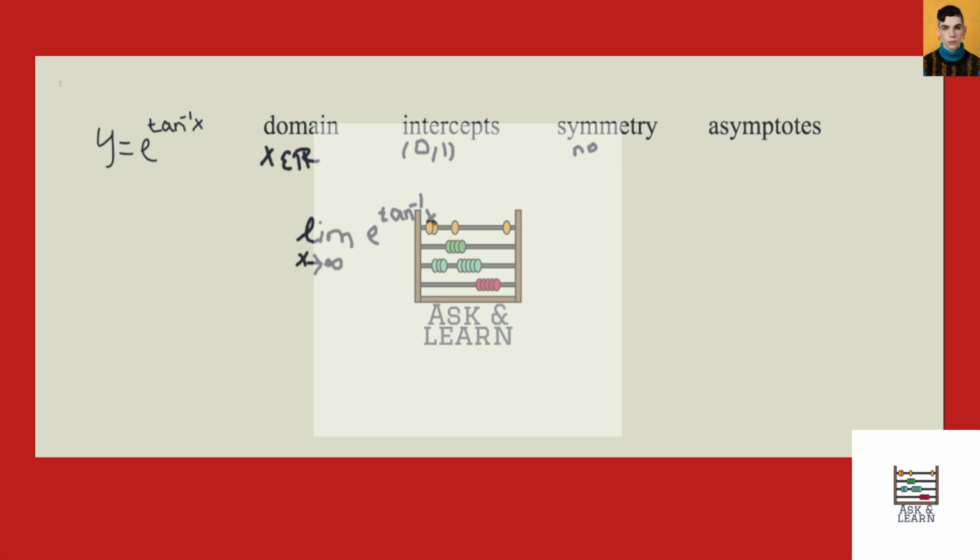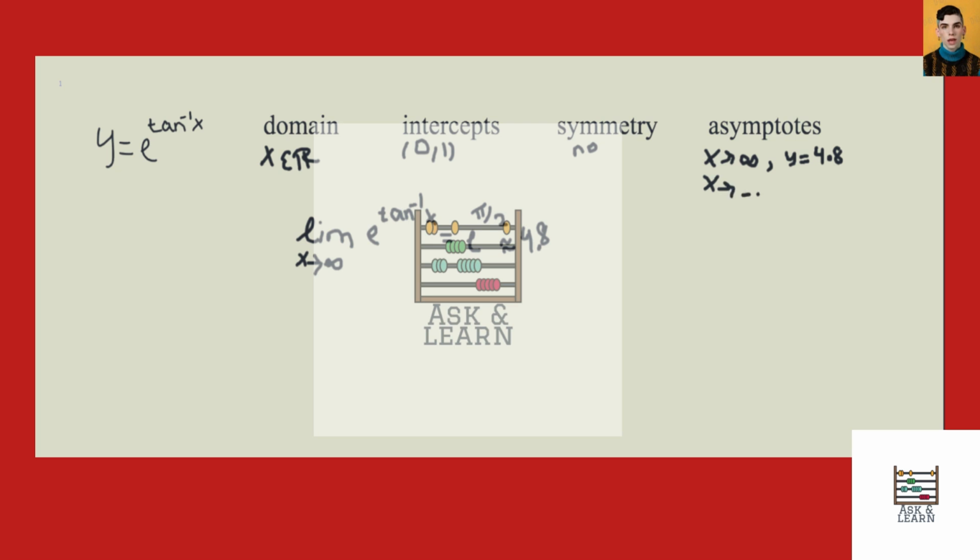That turns out to be e to the power of pi over 2, which is approximately 4.8, just so that we can graph it. So as x approaches infinity, we're going to have an asymptote at y equals about 4.8. So we'll just put 4.8.